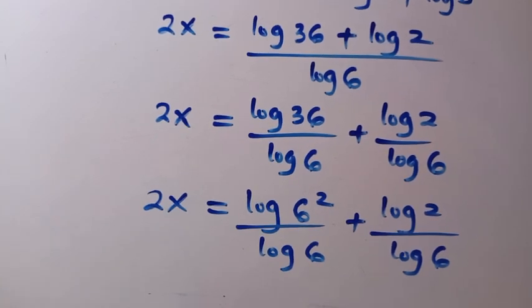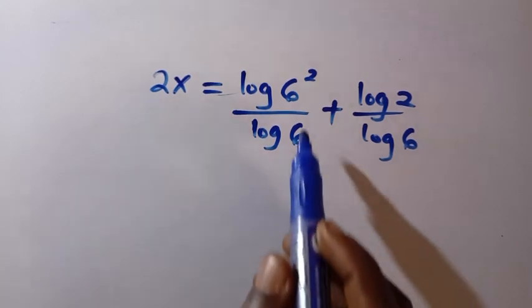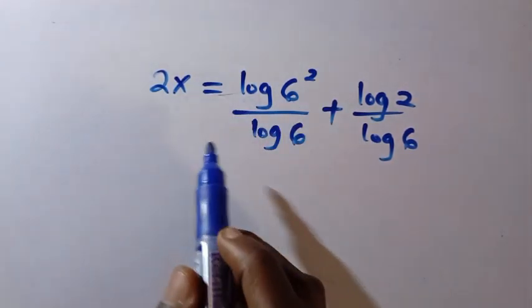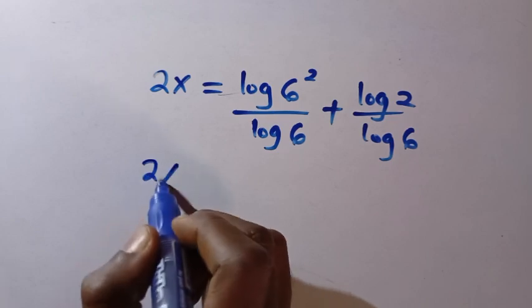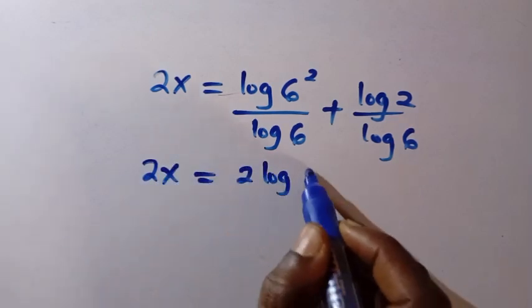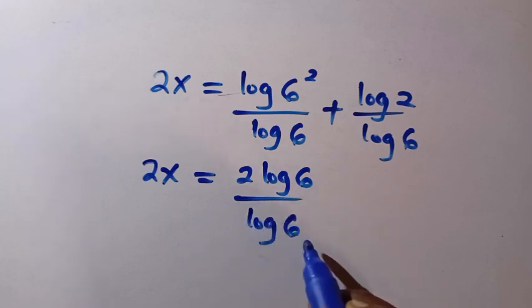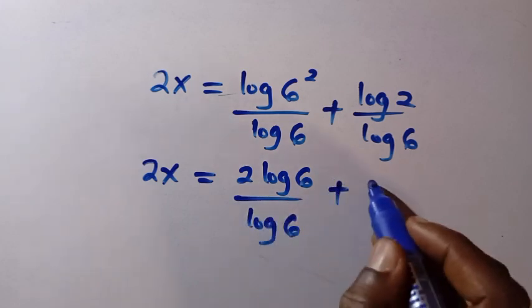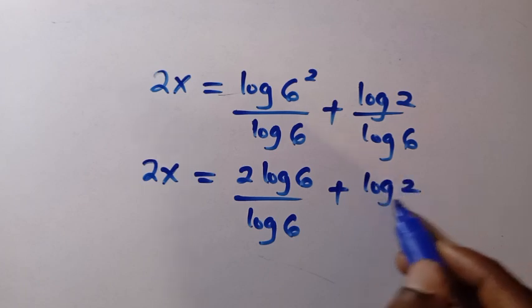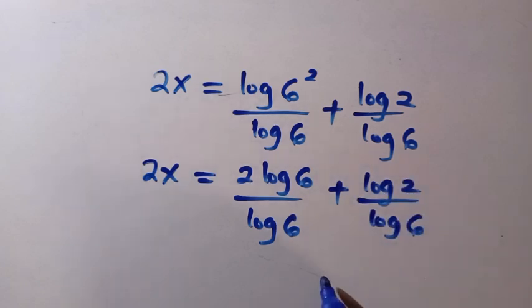So in the next step, from the rule we applied above already, we take the 2 here, as we have 2x equals 2 log 6 divided by log 6 plus log 2 divided by log 6.